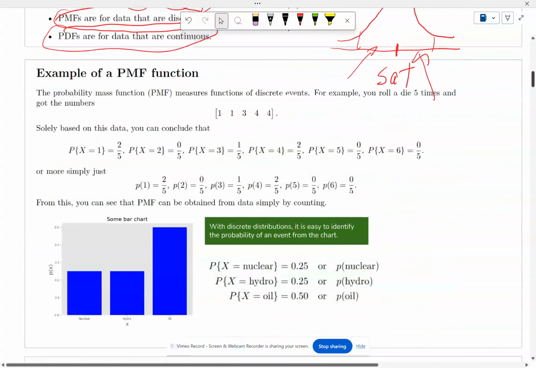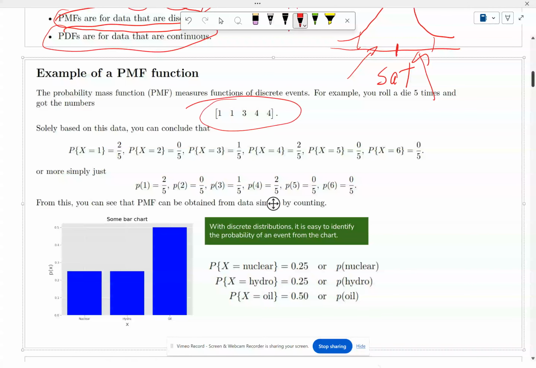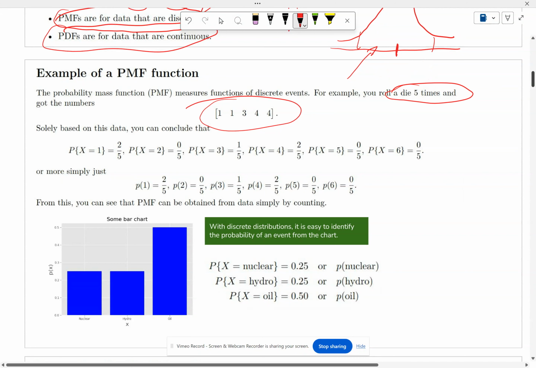An example of a PMF would be something like this. So here is example data: you roll the die 5 times, and these are the numbers you got. So this is the result of rolling a die 5 times.